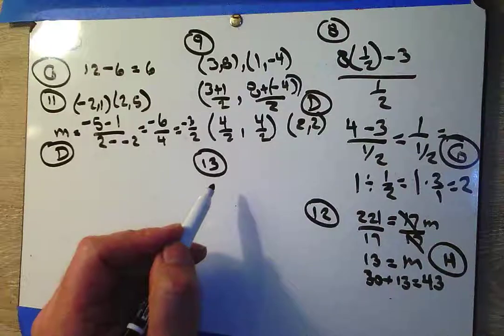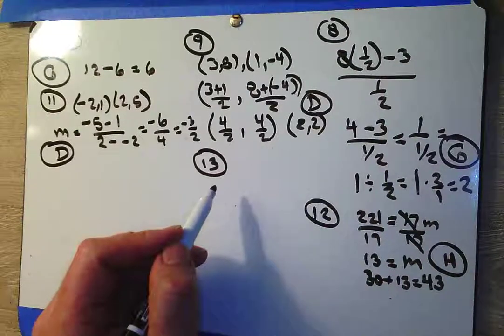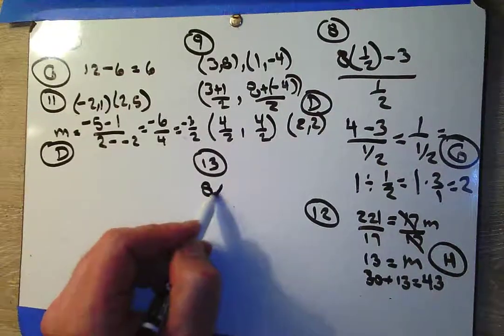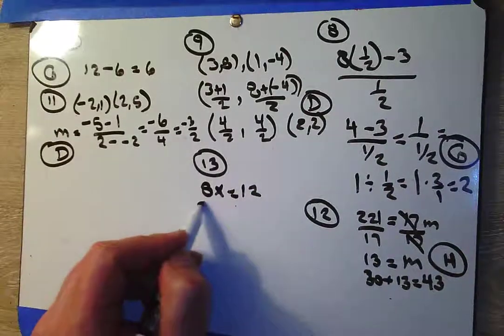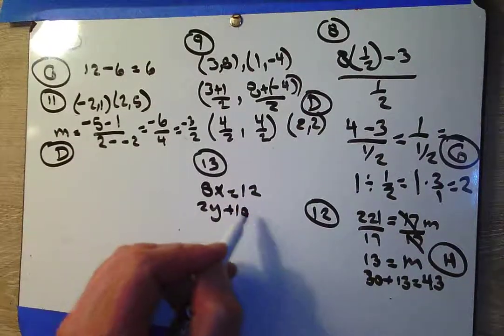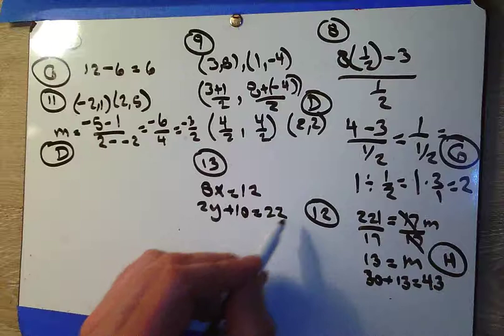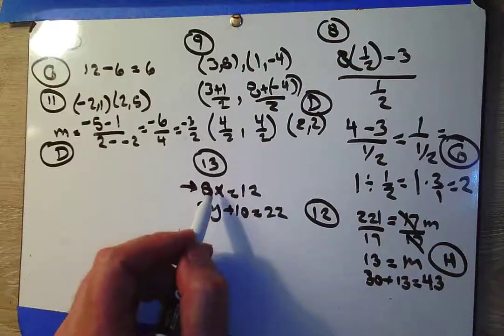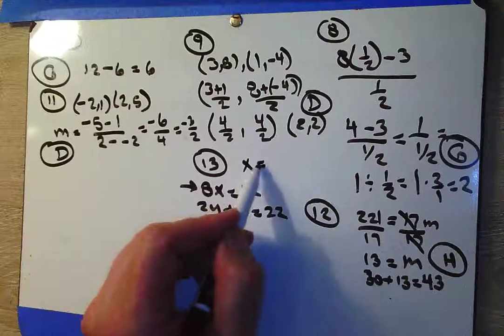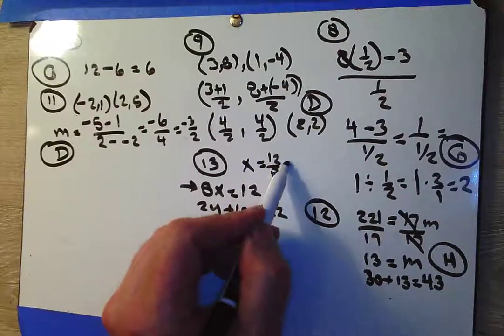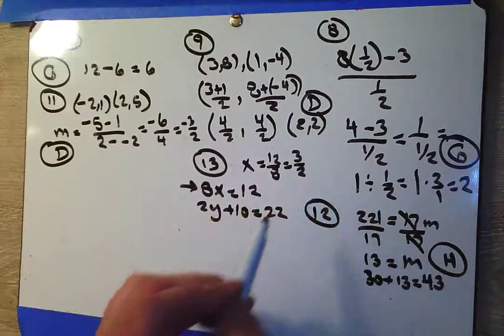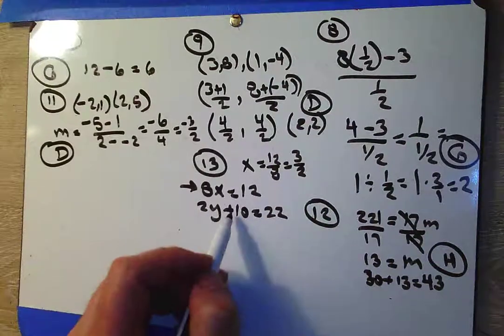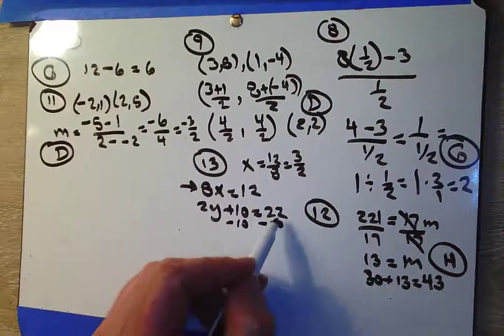13. What is the sum of the solutions to the two equations below? 8x equals 12, 2y plus 10 equals 22. Well, let's take this top equation first. We'll divide both sides by 8, and I'll get 12 over 8, or 3 over 2. And then this equation, I'm going to subtract 10.